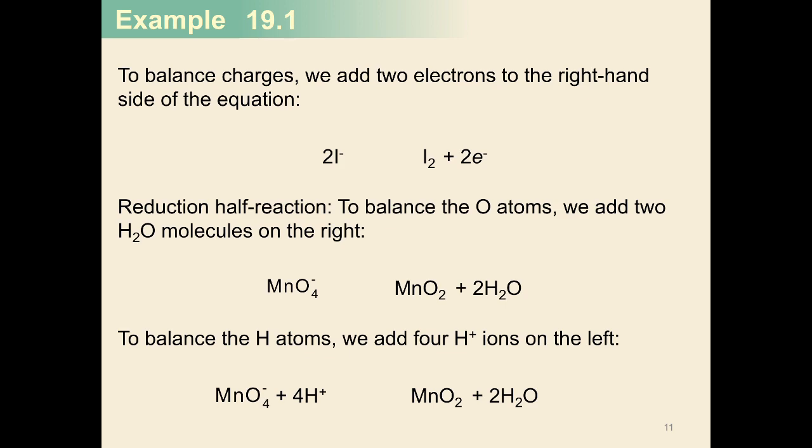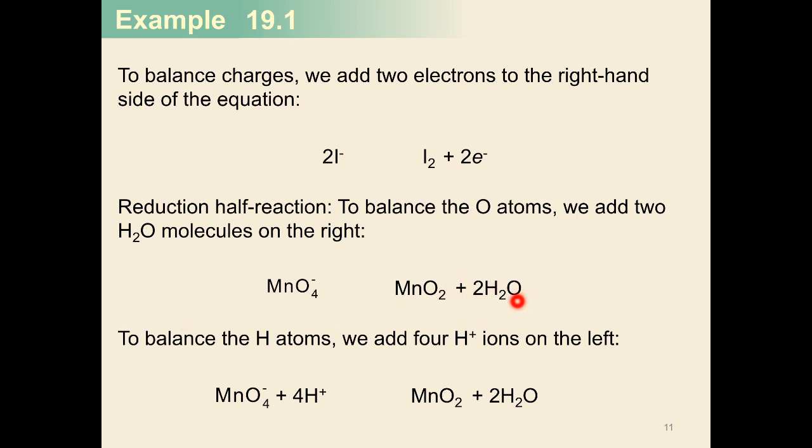We need to balance now the oxygen atoms in the reduction half reaction. Since the manganese is already balanced, we just need to balance the oxygens. Even though this is basic, we can just add water or H+.